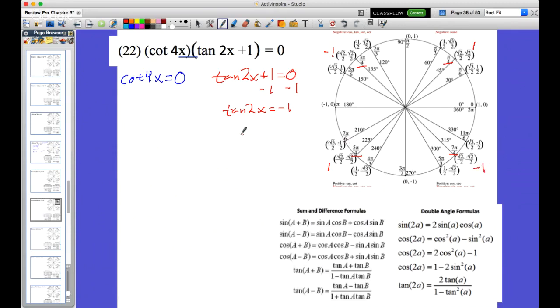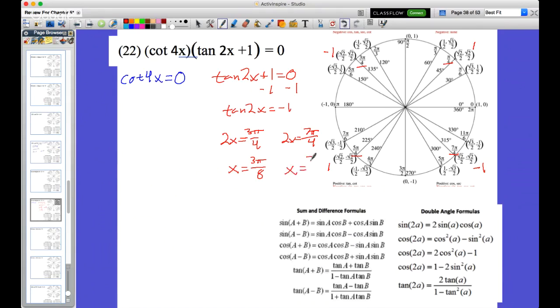So that means 2x will be equal to 3 pi over 4, and 2x will equal 7 pi over 4. To solve, we're essentially just going to multiply by the reciprocal, which would then give us 3 pi over 8. And, oops, working too fast.